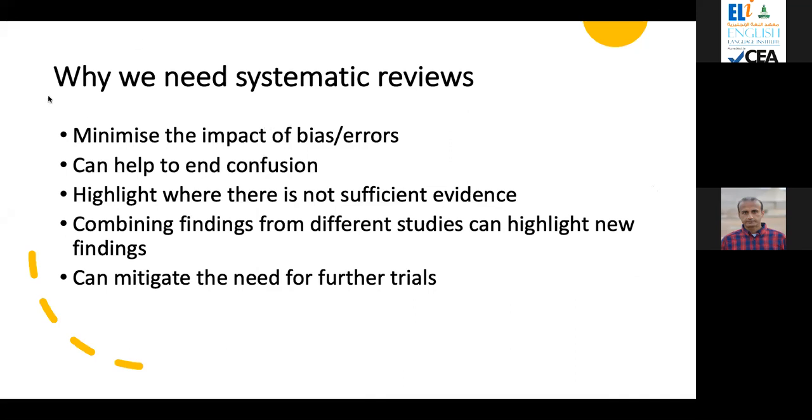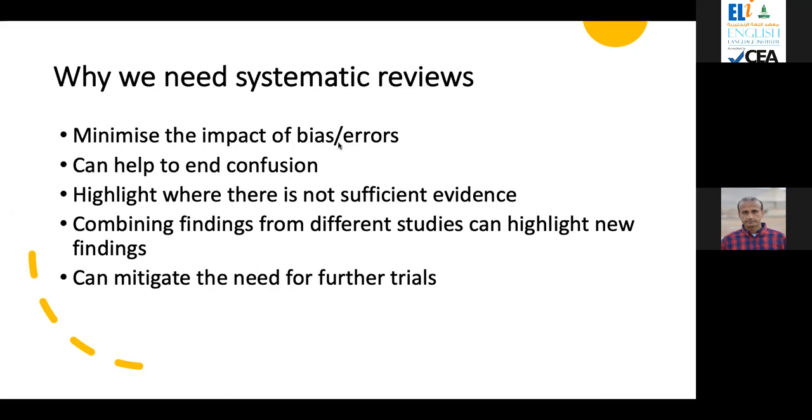So, we want to minimize the impact of bias and error. Of course, this is very important in decision making. We don't want to make faulty decisions, or the leadership or different people who are into policy making, or deciding on certain critical issues, they don't want to face any bias or errors.